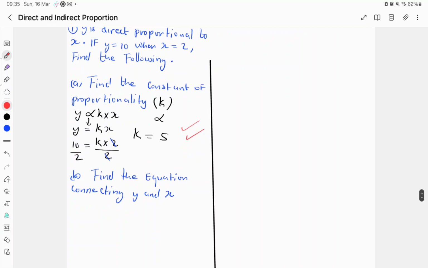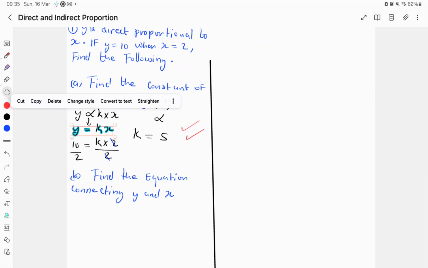Now it says find the equation connecting y and x. Here I want you to be careful. What do they mean? You see this equation, that equation is exactly the one you are going to put there, except in this case you know the value of k.